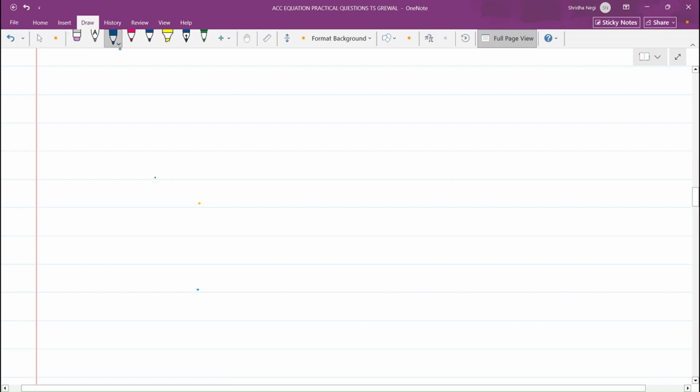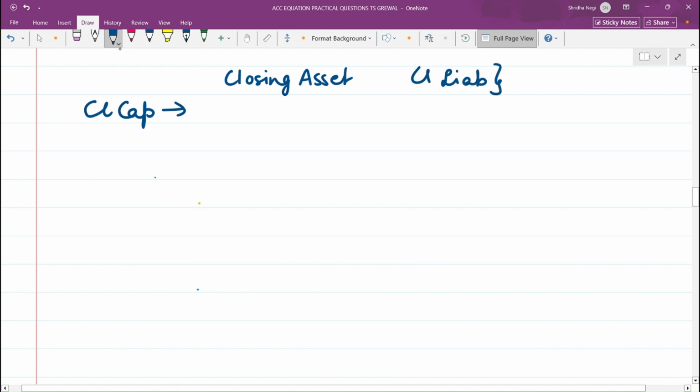Before you start your questions from question number 20, T.S. Grewal, I want to give you a formula, ठीक है, for how to calculate the closing capital. देखो, अगर आपको closing asset is given in the question and closing liability is given in the question, वहां पे ऐसे लिखा नहीं होगा, it will be the assets as on 31st March 2023.